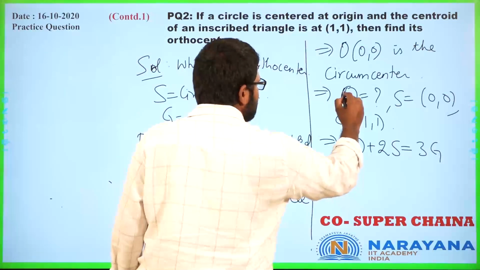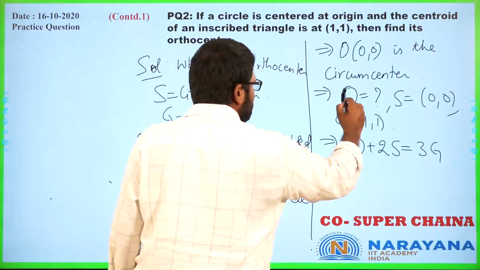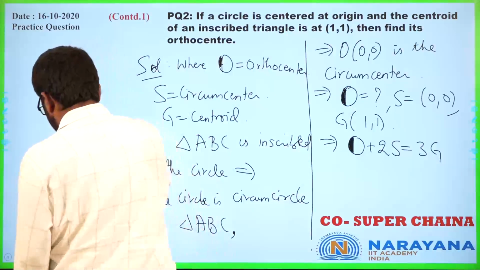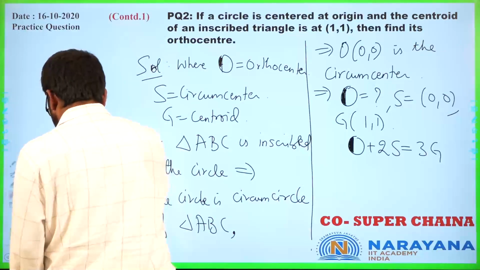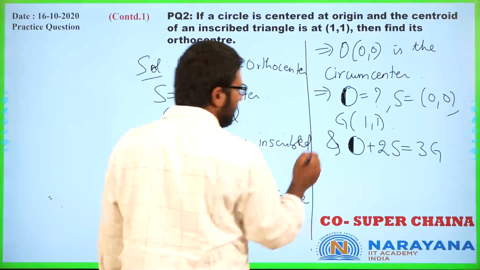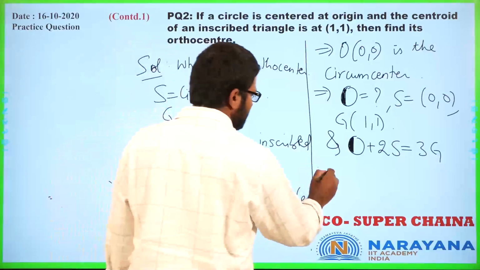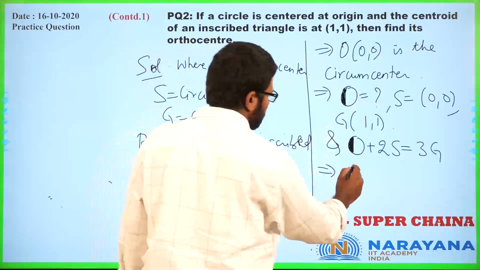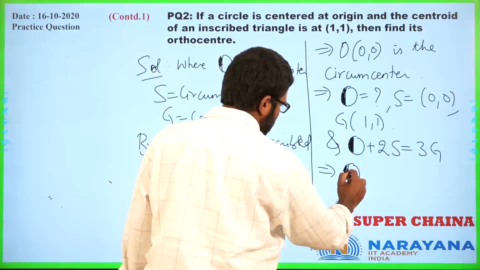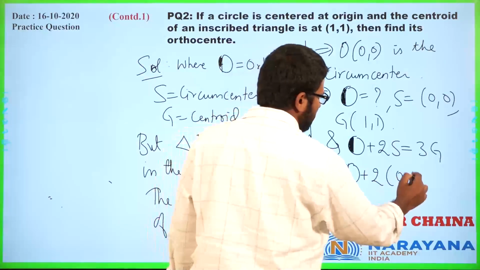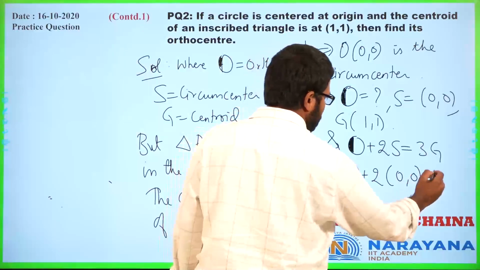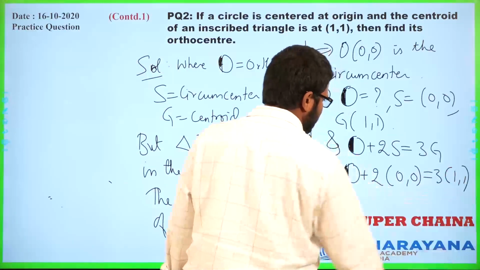I'm writing it like this just to differentiate it from origin. This implies, substituting, O plus 2 times 0, 0 equal to 3 times 1, 1, right?